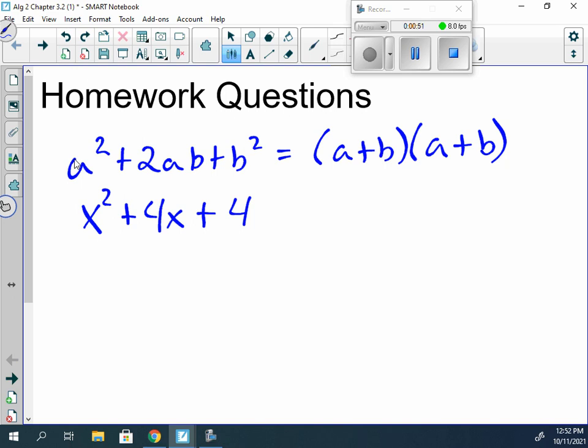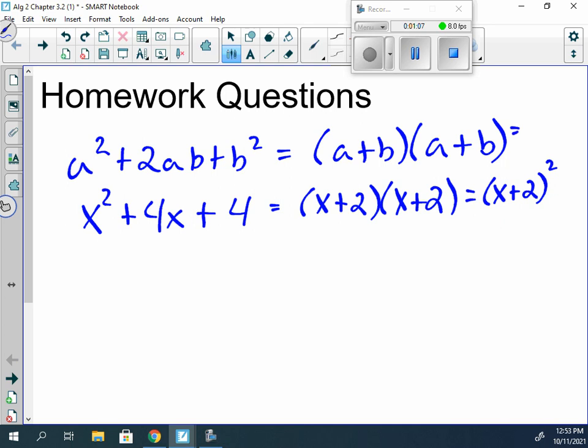What we would call this is a perfect square trinomial. Because what this works out to be is x plus 2 times x plus 2, which we can really write as x plus 2 squared, or this here is the same as a plus b squared. So it's just the same thing times itself. It's a perfect square trinomial.